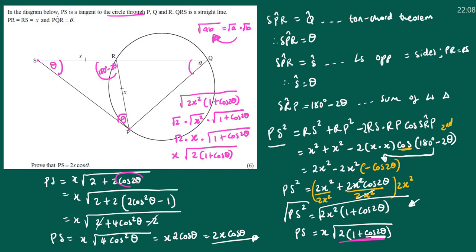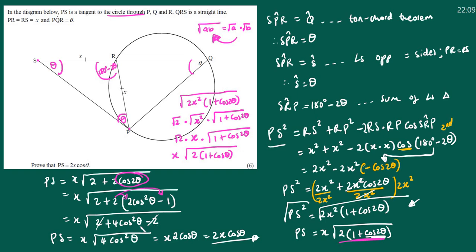Then I change this cos 2 theta to a double angle that has cos, because in the question itself you have cos there. You are always driven by what you have in the question. So I change it to 2 cos squared theta minus 1. Then I distribute this inside.